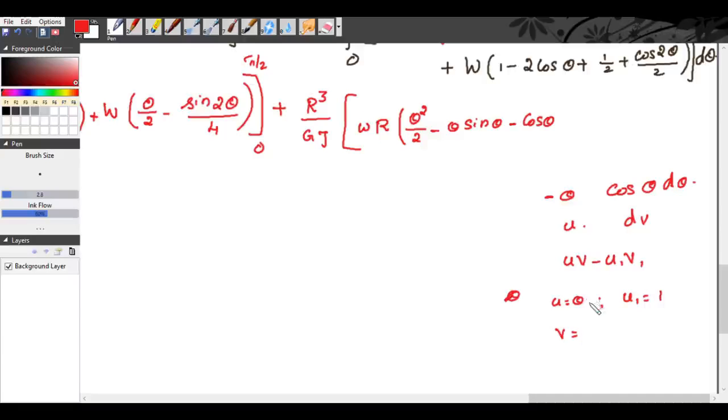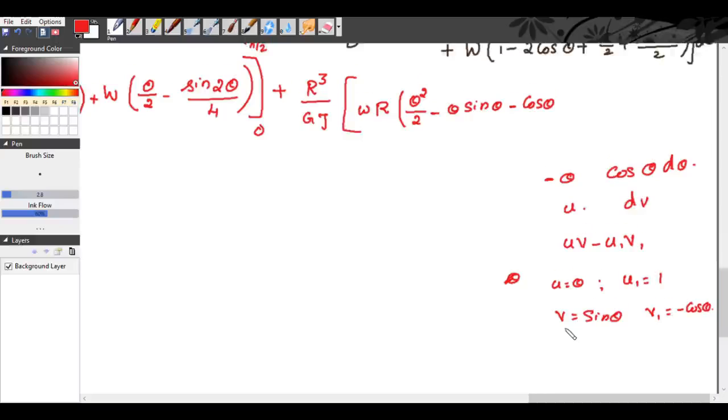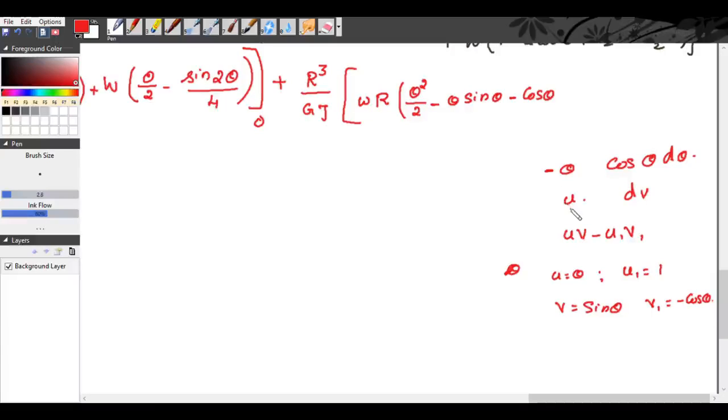Integrating, we get v as sin theta, and v1 we get minus cos theta. So we get uv minus theta into cos theta plus sin theta.